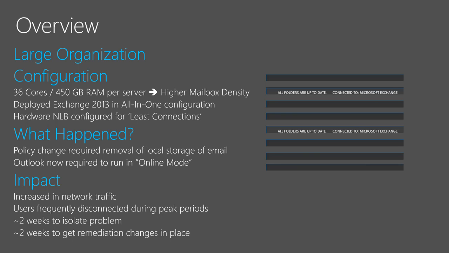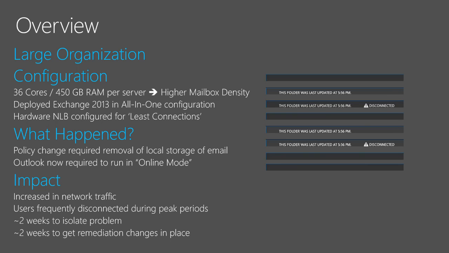So they were trying to keep their hardware footprint very similar. One of the things they believed they could do is achieve a higher mailbox density per server. So here again, they were scaling up, not scaling out. It wasn't an all-in-one deployment, and then they configured their hardware and network load balancers for least number of connections.